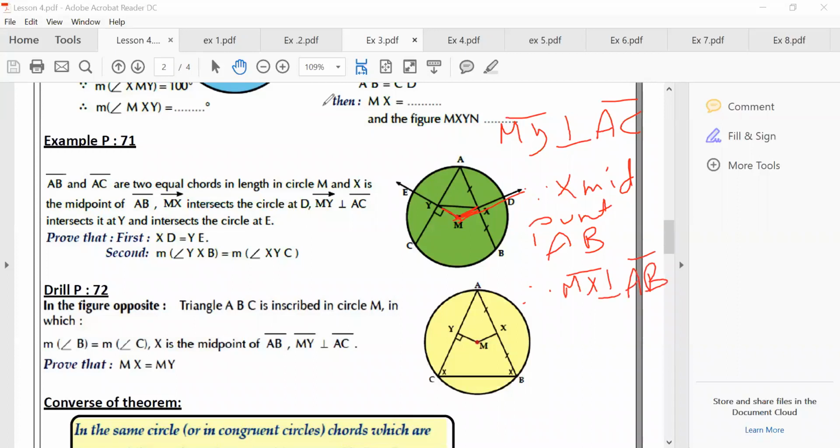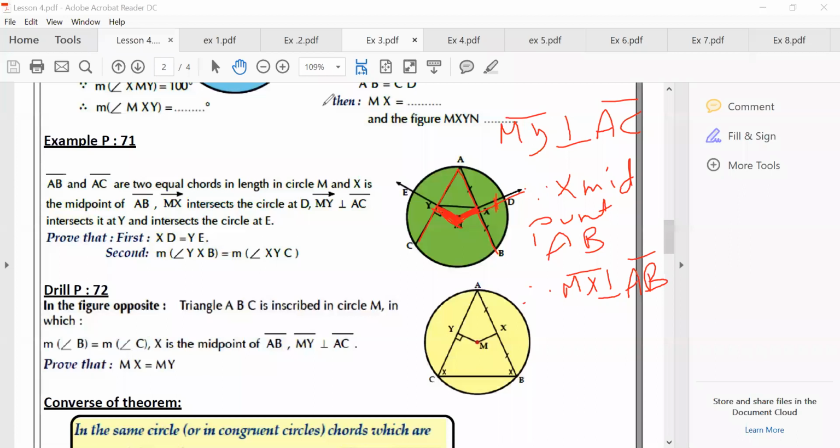So if I want to prove that MX equals MY, even if the two chords are equal, I must first prove that these two lines are perpendicular on the chords, not any two lines. So this is the first part: you have now proved that MX equals MY. But he didn't want this.